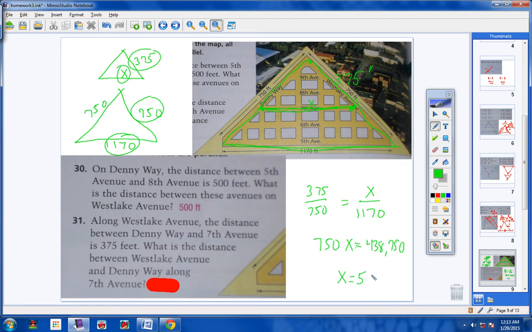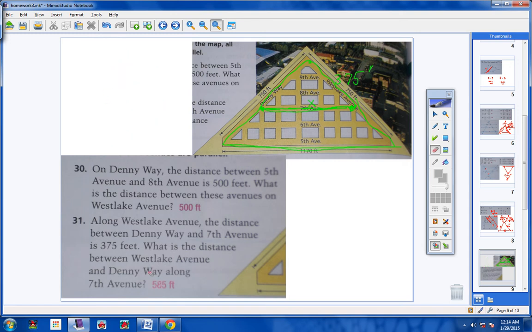So guys, all that it came down to was realizing we had similar triangles. So when these pictures here are confusing, draw the similar triangles off to the side, then write your proportion, and then solve the proportion. Okay, the answer is 585 feet.